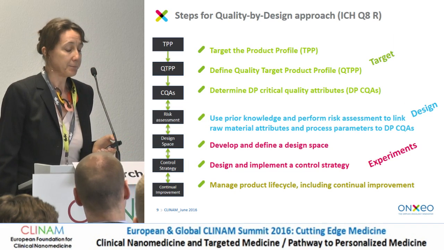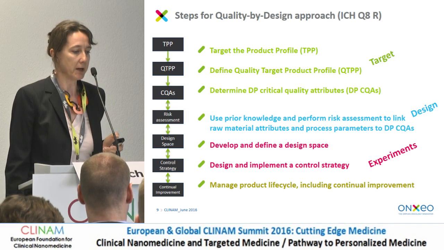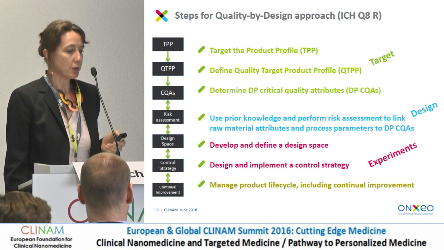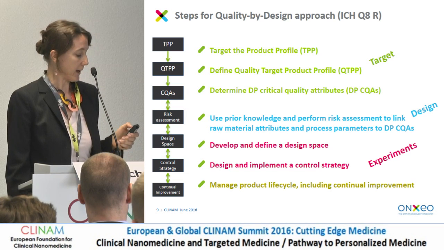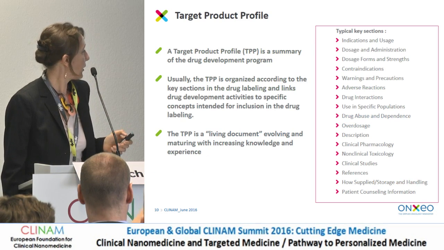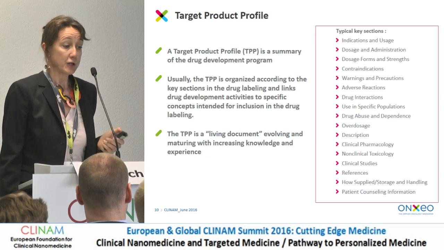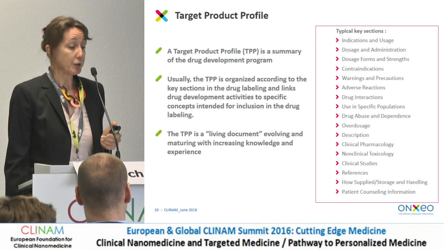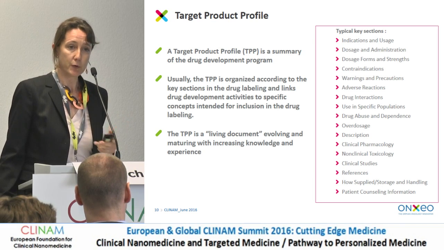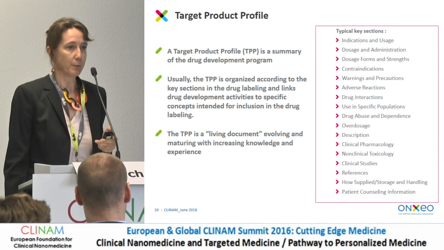So we follow the quality by design approach that is described in ICH. So we start first with the target product profile. I don't know if you are familiar with the target product profile, but it's just a summary of the development program. It's important. It's a living document that you improve after the different steps of the development of your product.